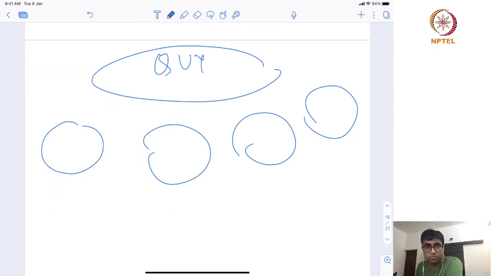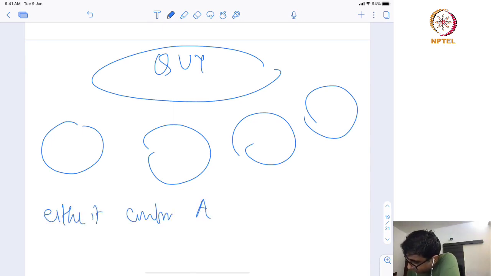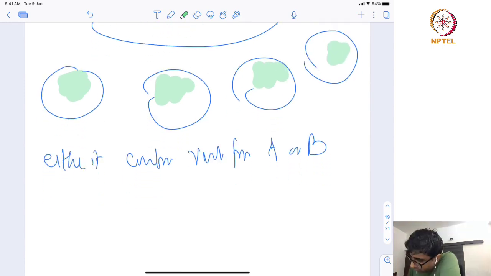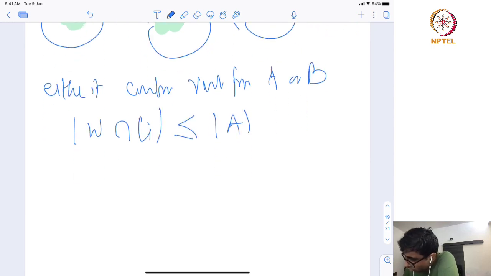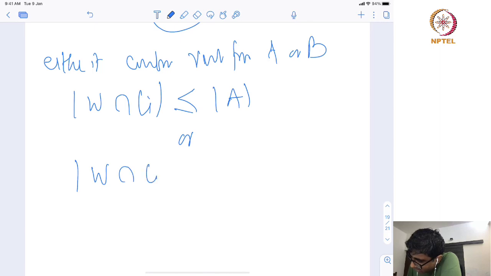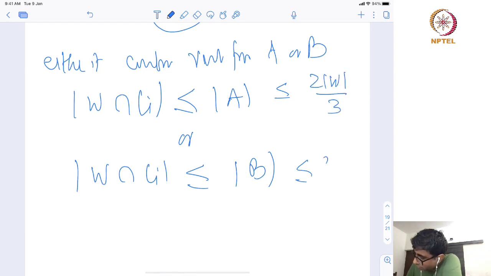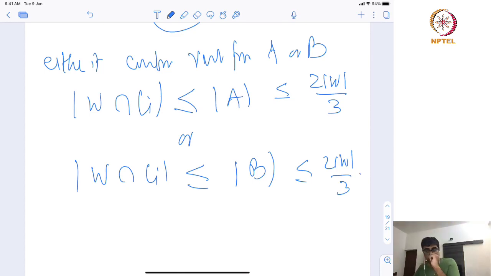Any connected component either contains vertices only from A or only from B. So W intersection Ci is upper bounded by A or by B, which is at most 2 times W divided by 3. So there is a balanced separator.